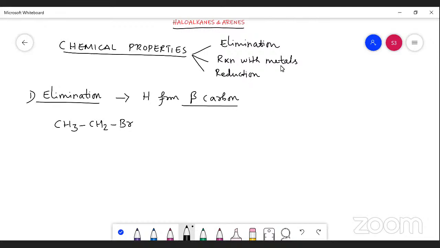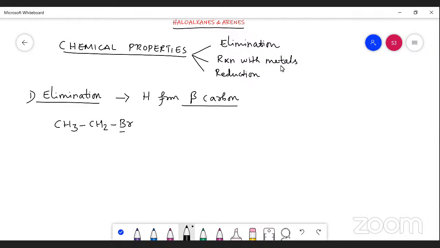This is your haloalkane compound. We already know the functional group is attached somewhere.